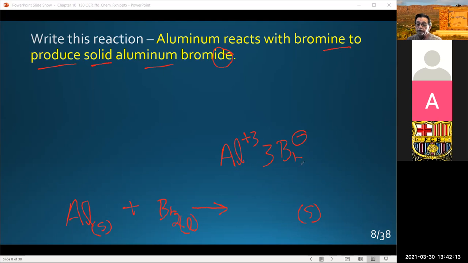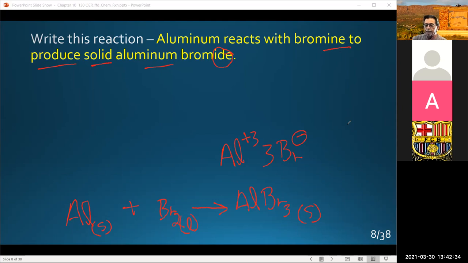So our formula will be AlBr3. Okay. So we got the formula now. We got the reaction. We got the aluminum solid reacting with bromine liquid to give us aluminum bromide.